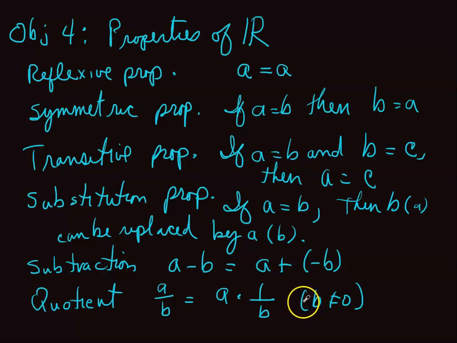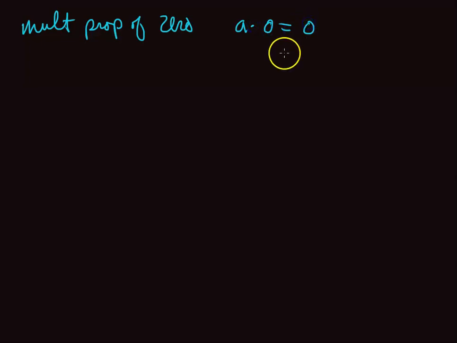So let's go to a new screen. The multiplication property of 0, is it just what you think it is? A times 0 is 0. A can be any real number for this stuff.